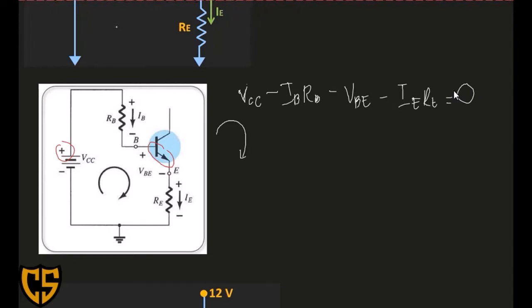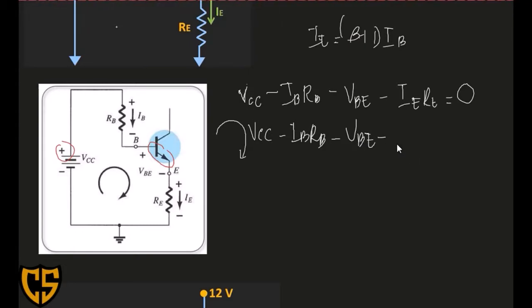So here, we can get the value of our IB. Take note of the relationship of your IB and IE, which is IE equals beta plus 1 IB. So we are going to substitute this value in our equation, making it VCC minus IB RB minus VBE minus beta plus 1 IB RE is equal to 0.